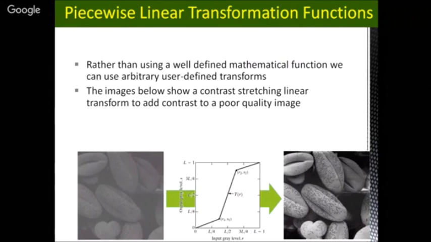You can see the left image is poor in contrast, and the second image shows a piecewise enhancement. In the middle we have amplification, and in the lower and upper regions we have no amplification but actually attenuation. So you can see how a detector's poor performance has been improved using a piecewise linear function.